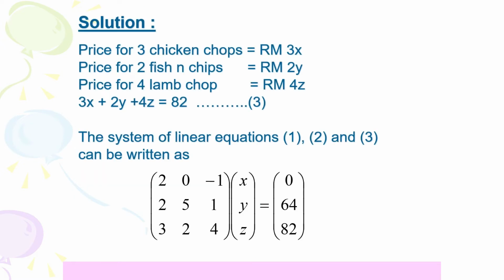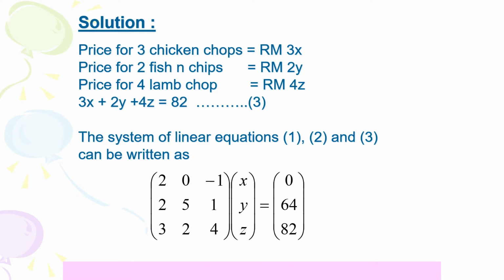And also the price for 3 chicken chops, 2 fish and chips, and 4 lamb chops gives the third equation, 3x + 2y + 4z = 82.